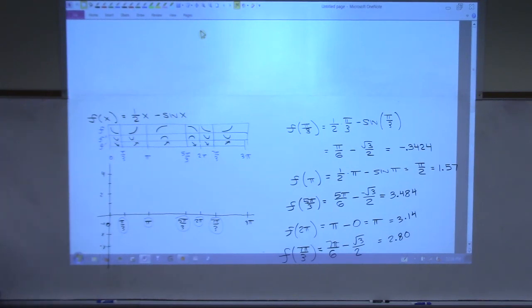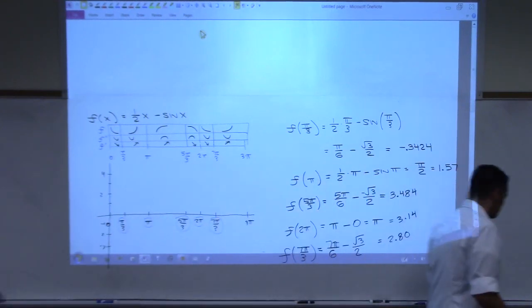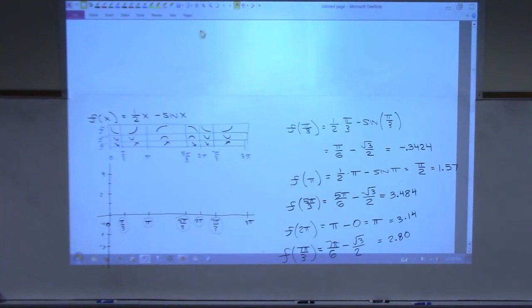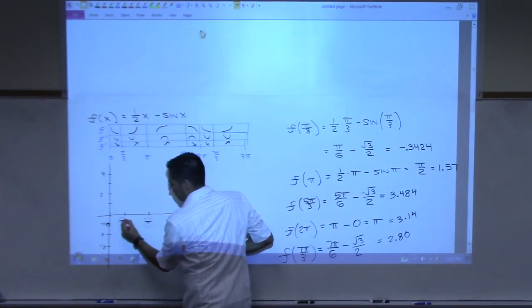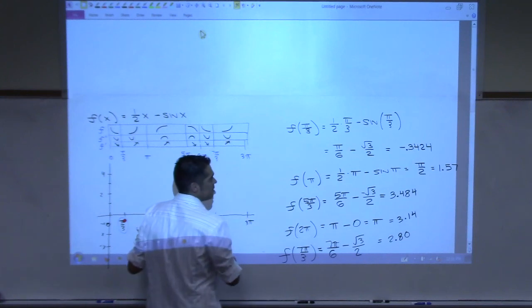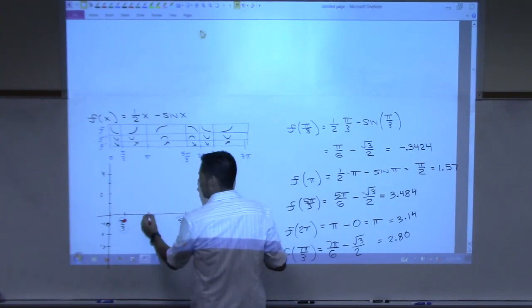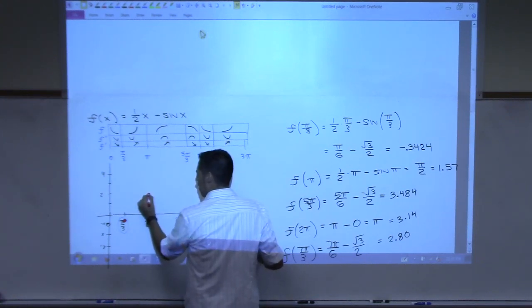All right, so at pi over 3, where are we? I'm going to do this in a different color. At negative 0.34? So something like this. At pi, we're at 1.57, something like that.